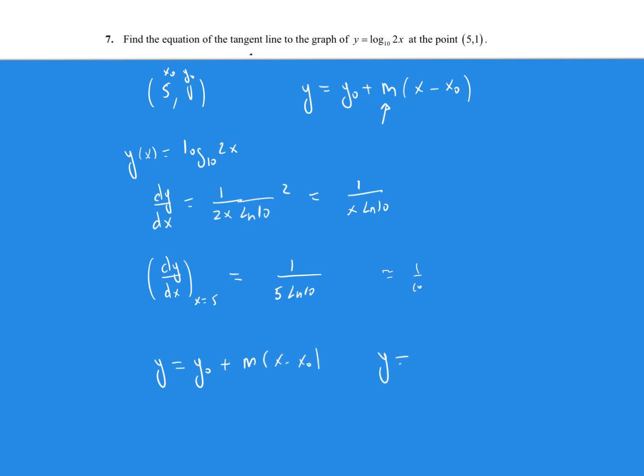So putting numbers, the y0 is 1, the slope is 1 divided by 5 natural log of 10 multiplied by x minus x0. x0 is 5.